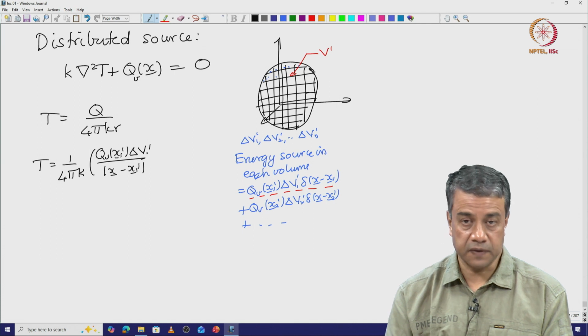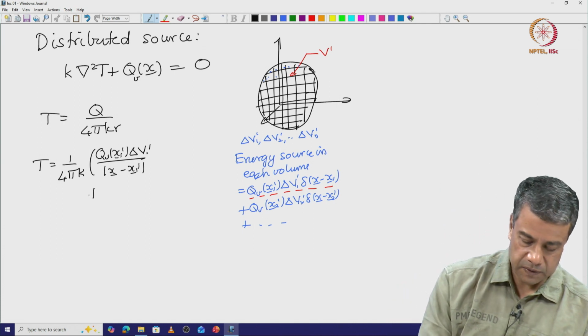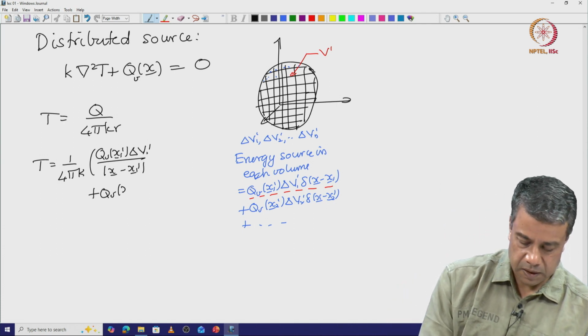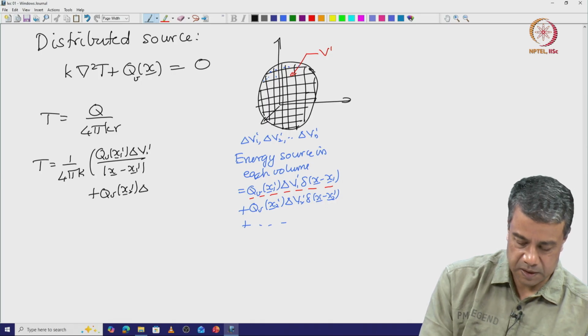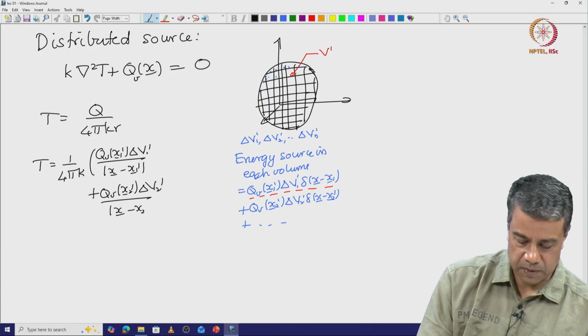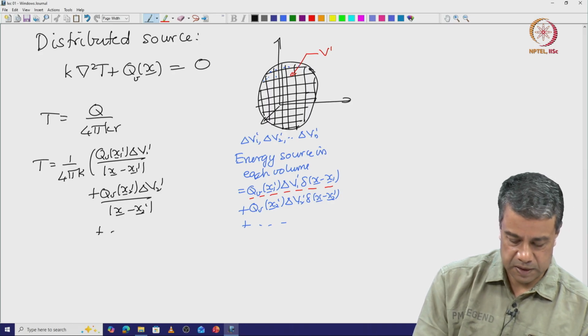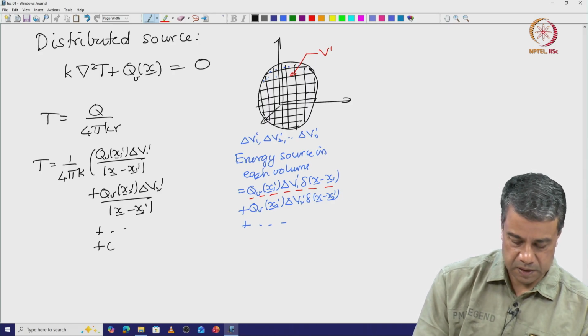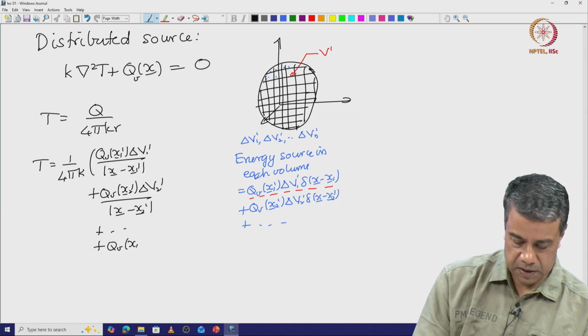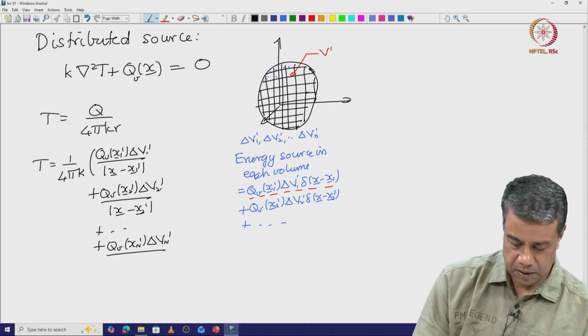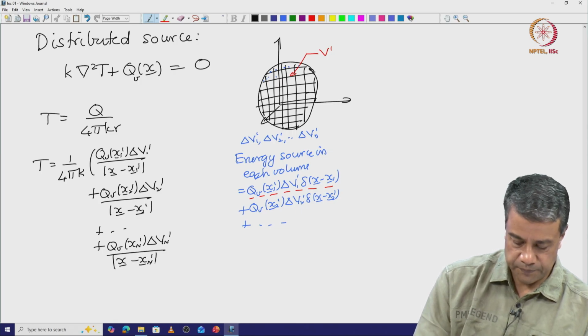That is for the first volume. And then for the second volume, QV at x2 prime times delta V2 prime by x minus x2 prime, plus etc., plus QV at xn prime delta Vn prime by x minus xn prime.